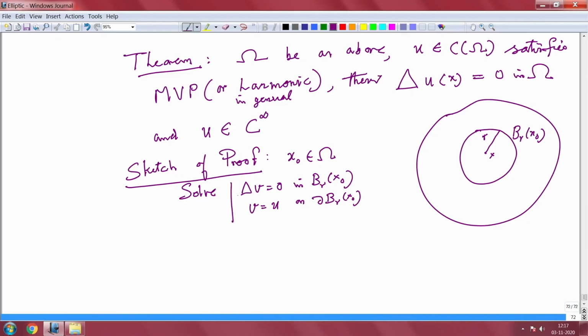Okay. By the Poisson formula, that is what we proved, such a unique solution exists, which we already did in the earlier class. So, v is harmonic in the classical sense.